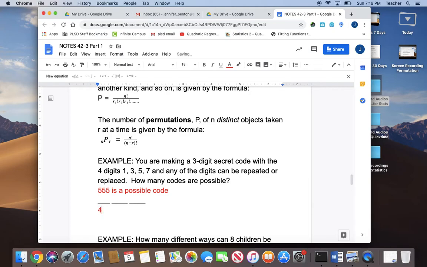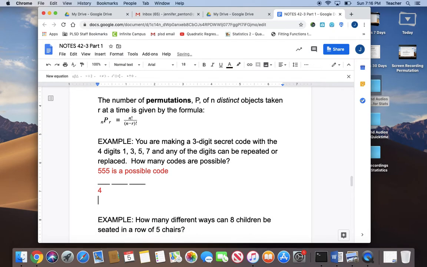And I have 4 choices for my first digit, but I also have 4 choices for my second digit and 4 choices for my third digit because the digits can be repeated. So in this case, the number of different ways to do that would be 4 times 4 times 4, which is 64. So that's kind of a special problem.